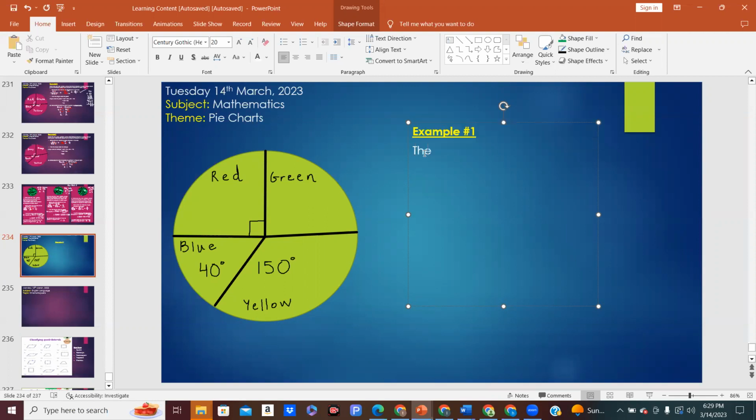So the question says that there are 72 crayons in the box.